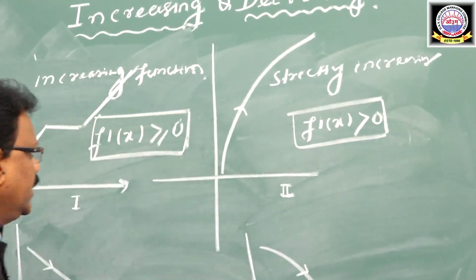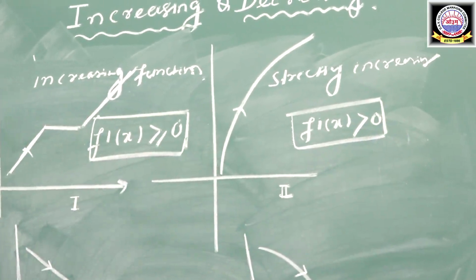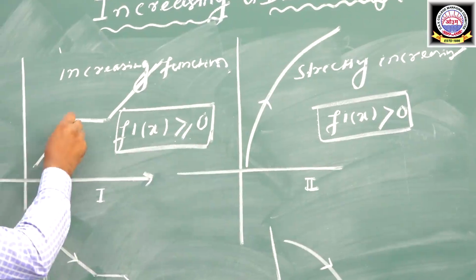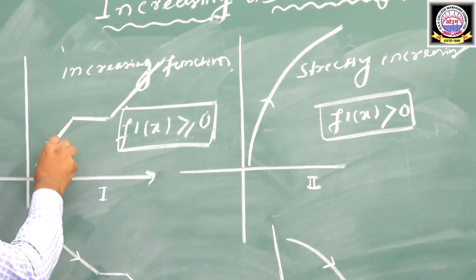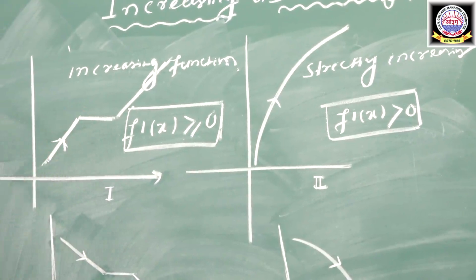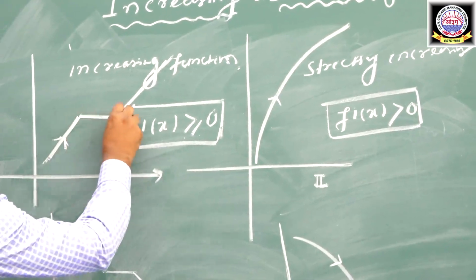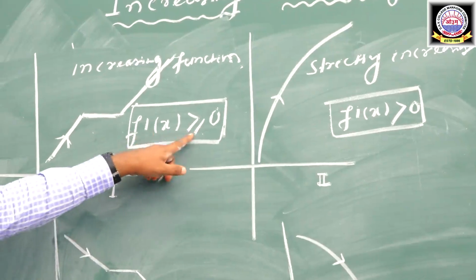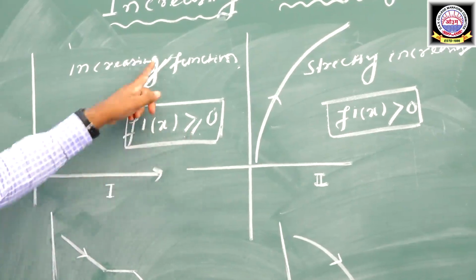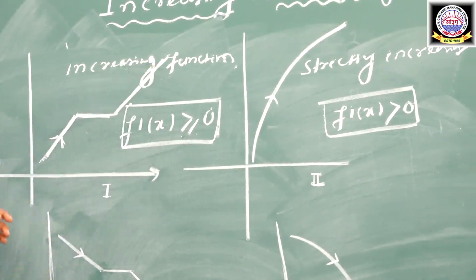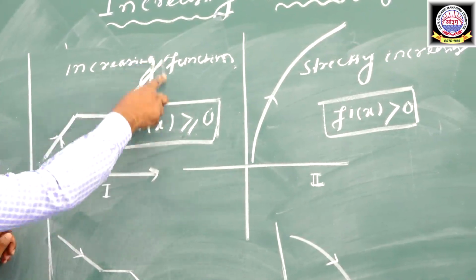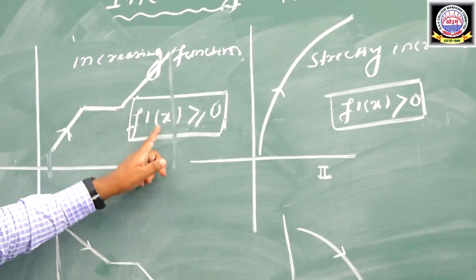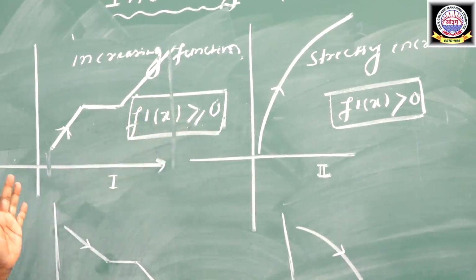Let us see, I am explaining why. Here you see f dash x greater than or equal to 0. From here to here it is definitely an increasing function. But here you see the graph is parallel to the x-axis where f dash x is equal to 0. Again it is increasing. So if I take the interval from here to here, I can say the function is increasing where f dash x is greater than or equal to 0.